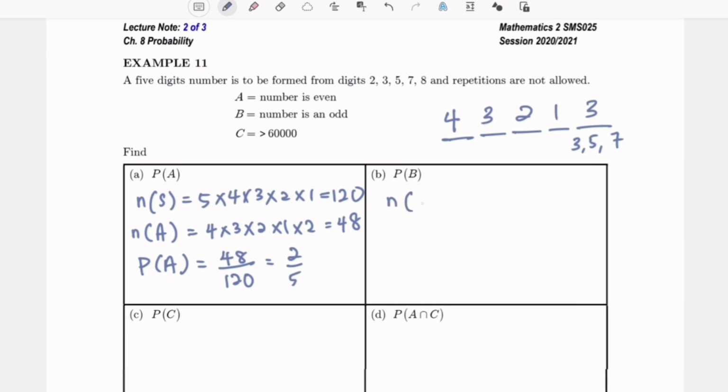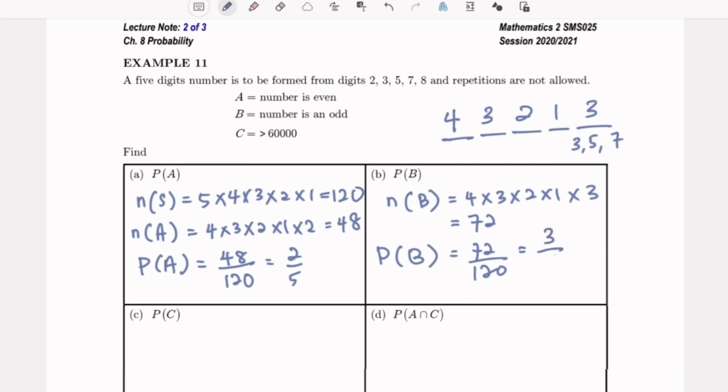So NB will be equal to 4 times 3 times 2 times 1 times 3. And that gives you 72. So PB is equal to 72 over 120, or 3 over 5.